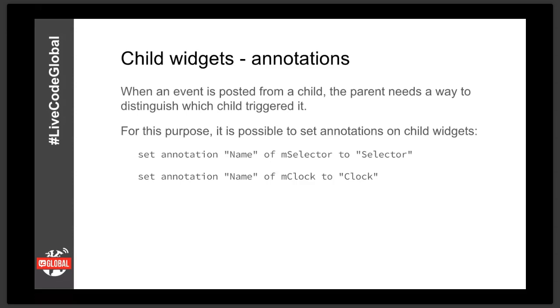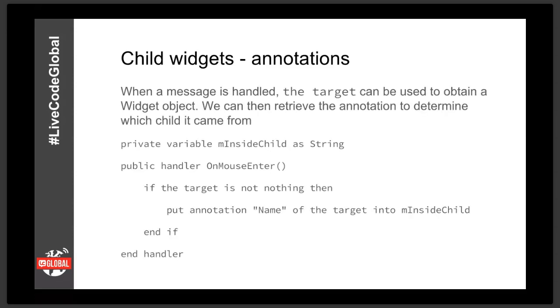In this case, or this example, it's just setting the name of the selector to selector and the name of the clock to clock. And then when we handle a message, we can use the target to obtain an instance of a widget object. And then we can retrieve the annotation to figure out which thing triggered the event.